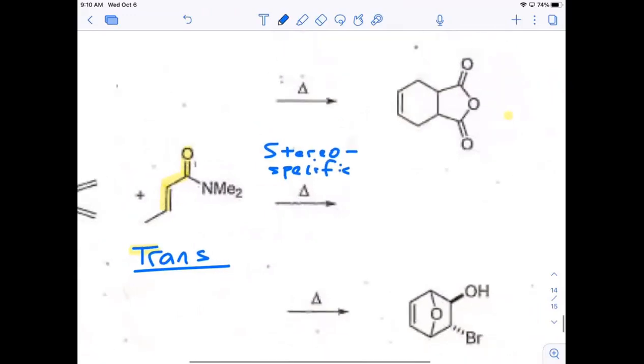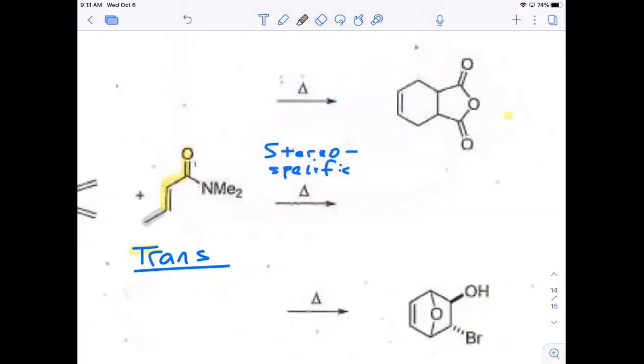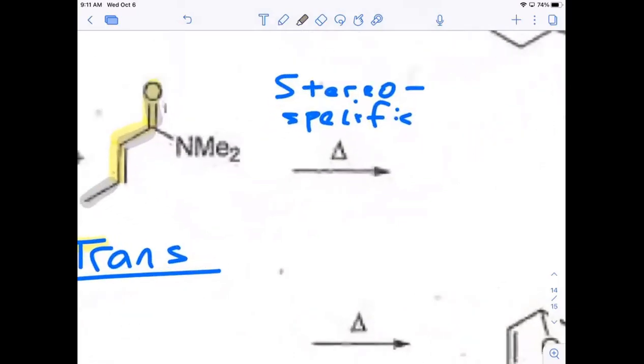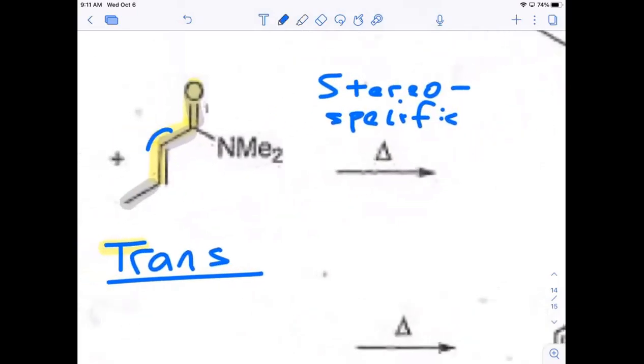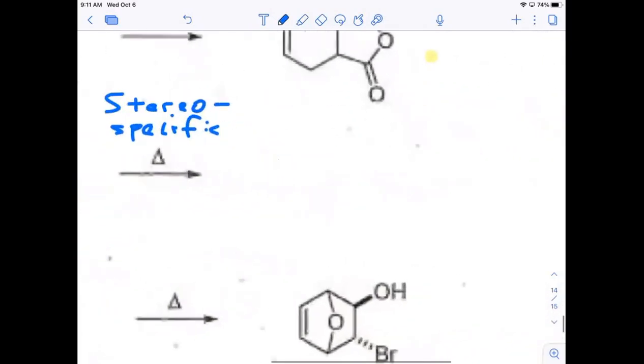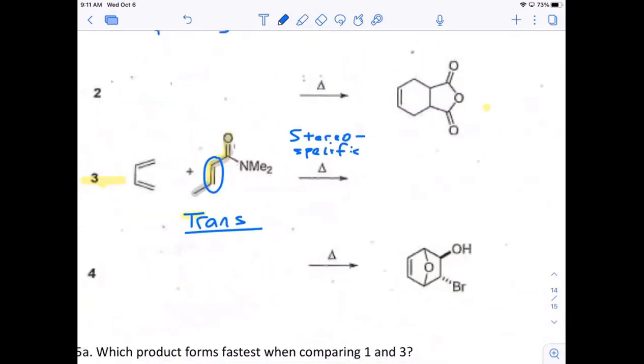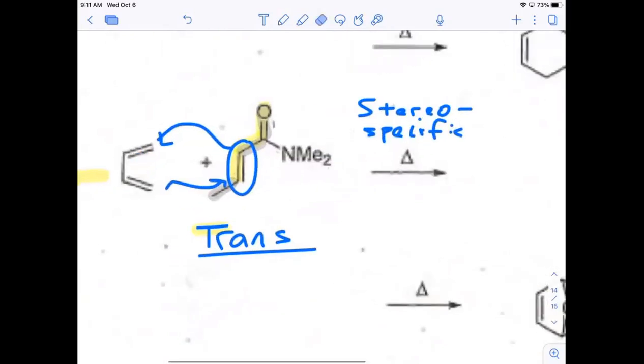So that means that if the 2 groups on your dienophile are trans relative to the double bond, you see how the groups are on opposite sides of that alkene, then in the product, you're going to get, just put the arrows in here, here, not there, here.